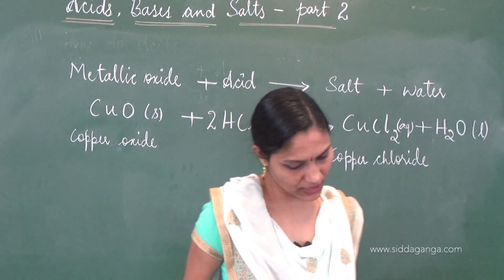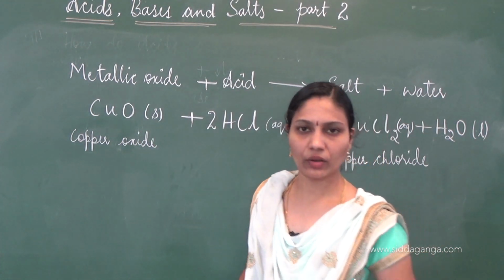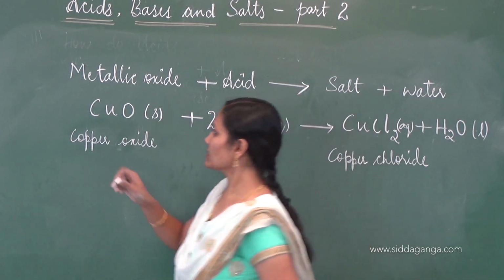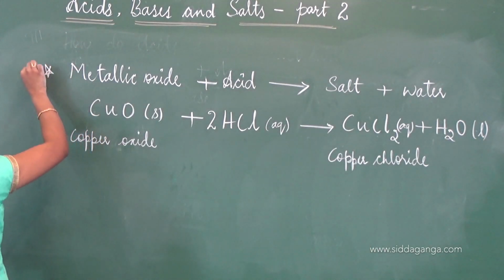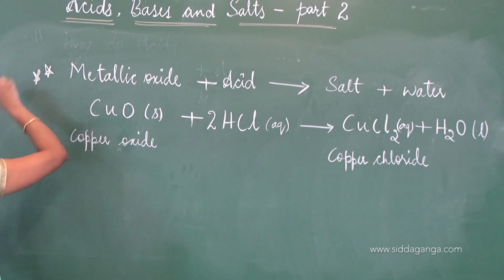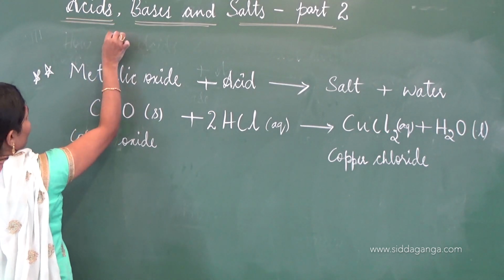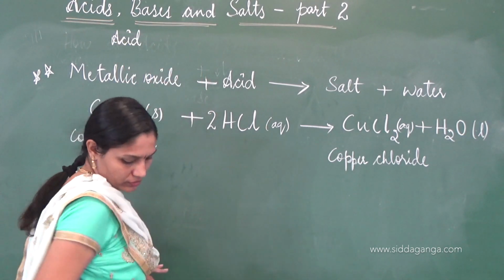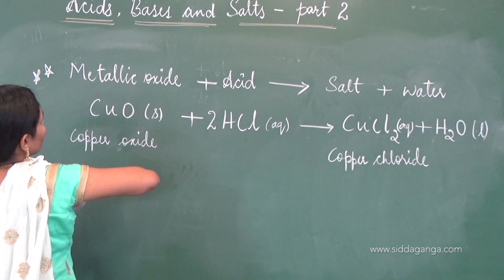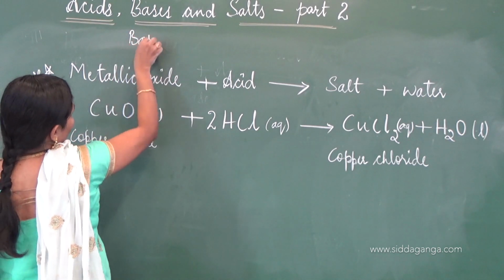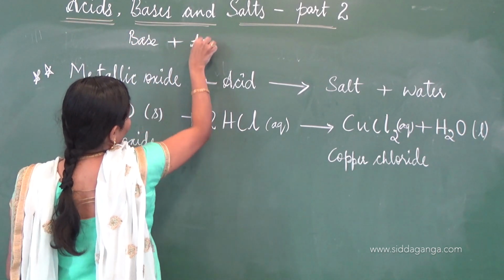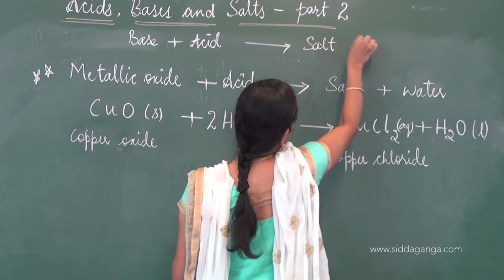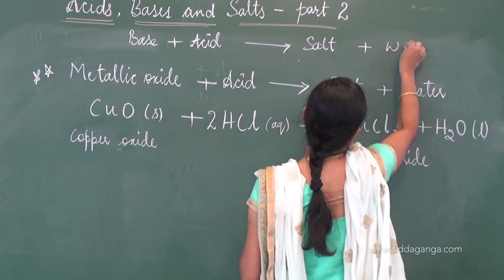Students, from this equation, what we can conclude is, you can compare this equation with the equation that we wrote before, that is acids or base plus acid gives rise to salt plus water.